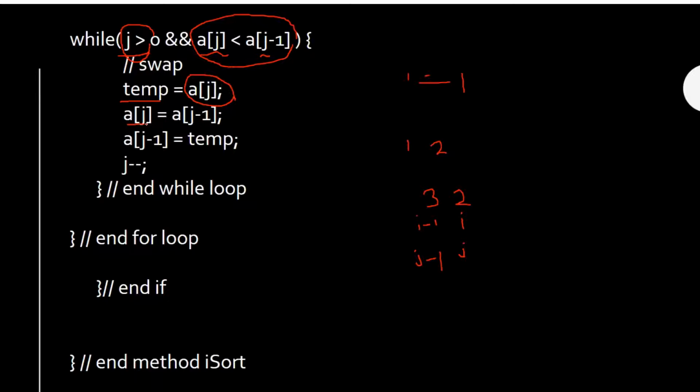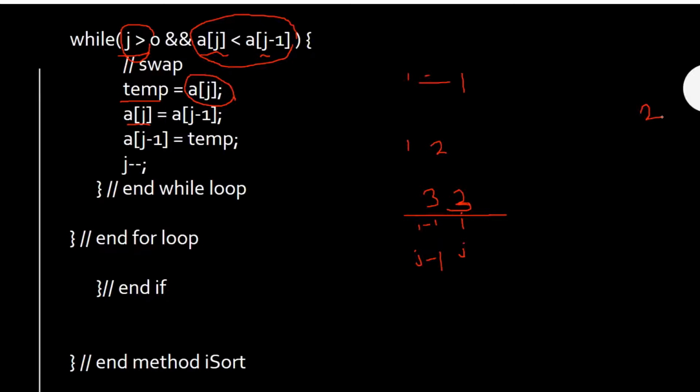Then we replace the value of our a of j with a of j minus 1. So this means if you have 3, 2, now a of j in this place is 2. A of j minus 1 in this place is 3. So I am saying replace the value of a of j, which is 2, with the value of a of j minus 1. So this one will become 3. So our array becomes 3, 3.